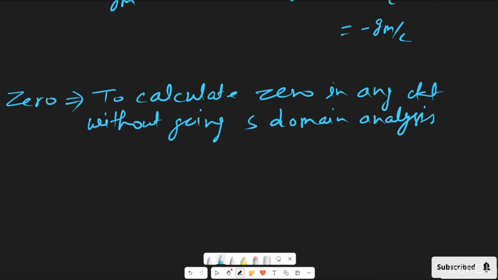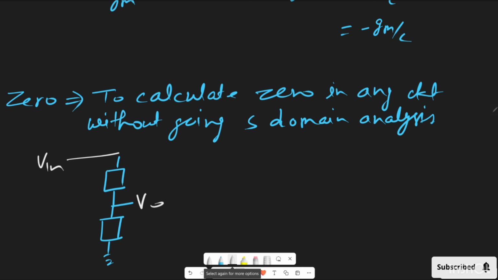So what we need to do is break every circuit into two impedances and make it a voltage divider according to the output, where you have to find the output and where is your gain. The zero is the frequency at which your output will become 0 while the input is available.